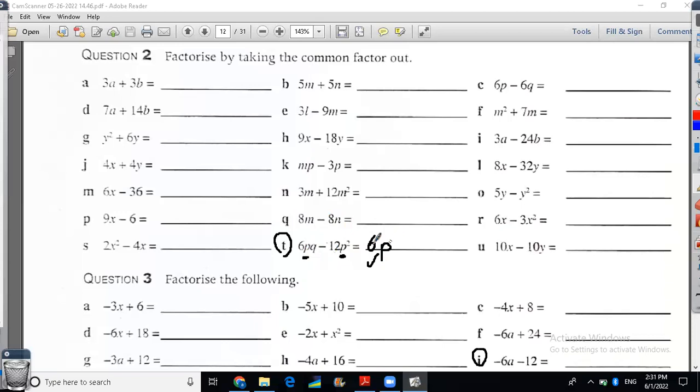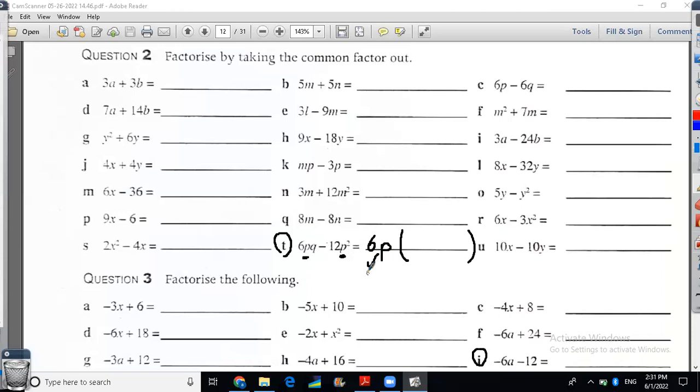Good. Let's continue. The q, do I have a q there? No, I don't. So I cannot take it as a common factor. I took only the 6 between 6 and 12, and only p from p and p squared. Why did I take only p? Because I take the one with the least power, which is p to the power of 1.